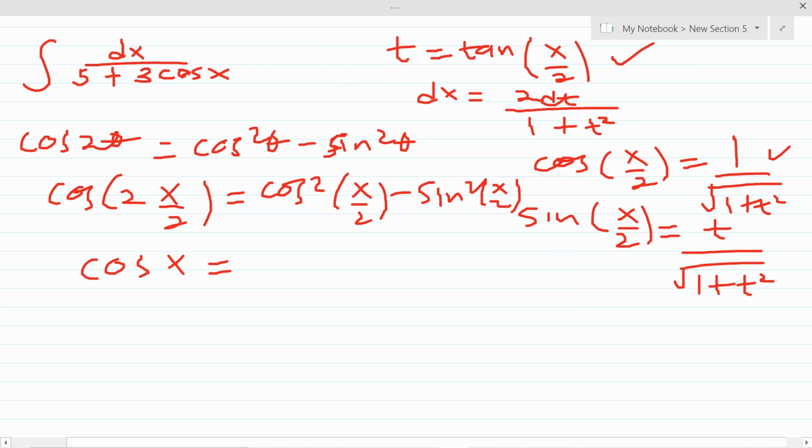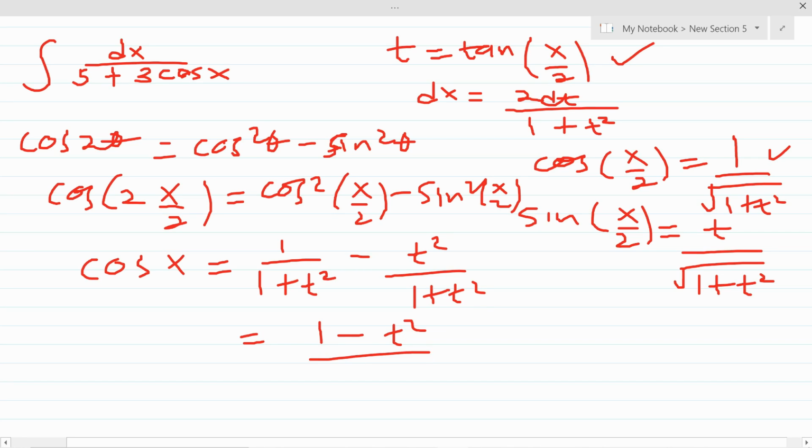So cos squared of x over 2 gives me 1 over 1 plus t squared, then minus t squared over 1 plus t squared, and this will give me 1 minus t squared over 1 plus t squared. That is cos x. So now we know our dx in terms of t, and we know our cos x in terms of t. So now let's come back and put it in this whole integral.